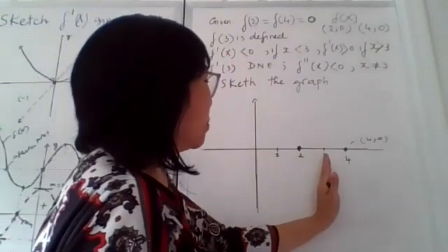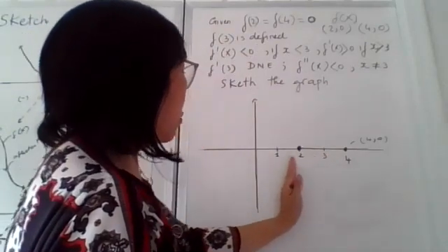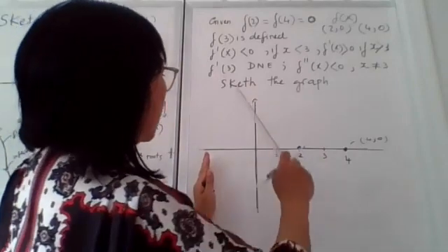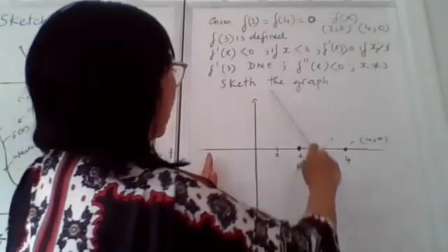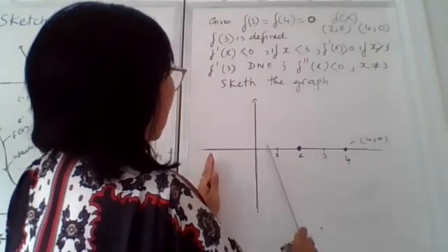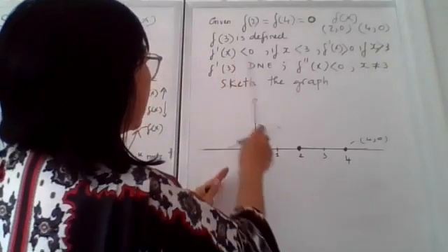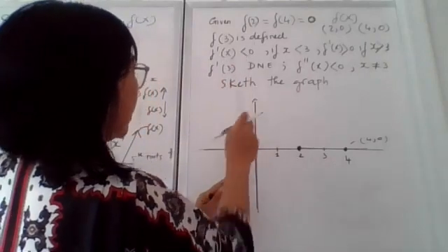So from this point all the way to this side, our function for sure has a decreasing shape like this, right? Decreasing shape.